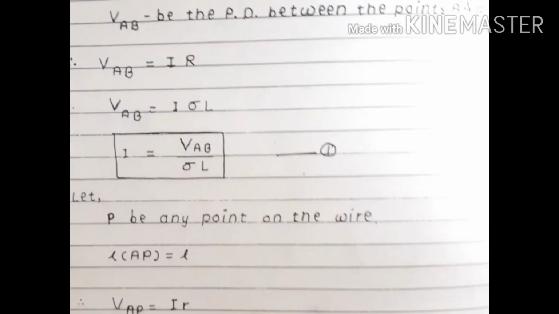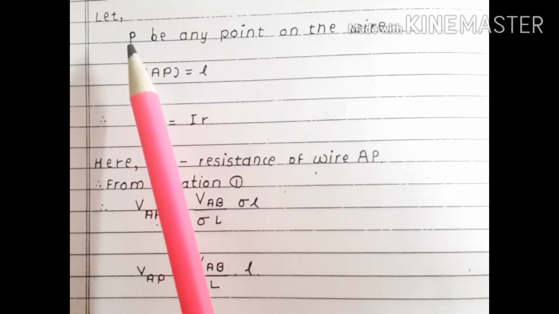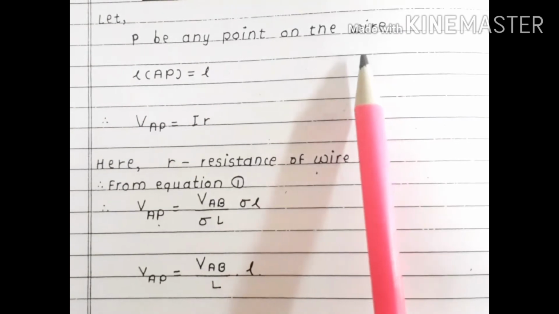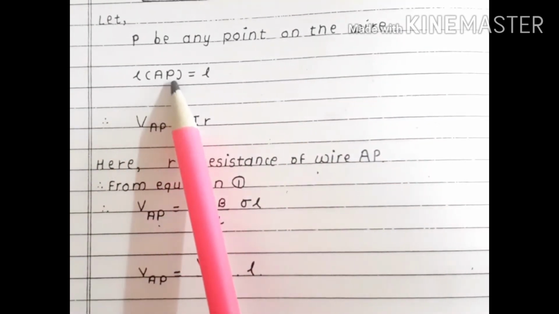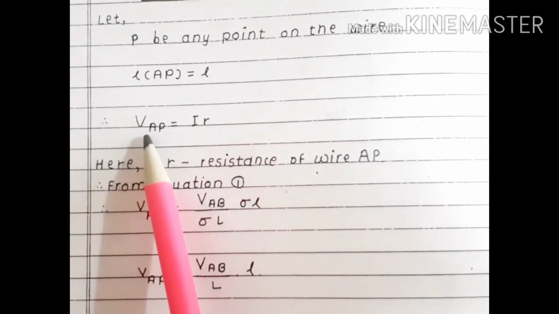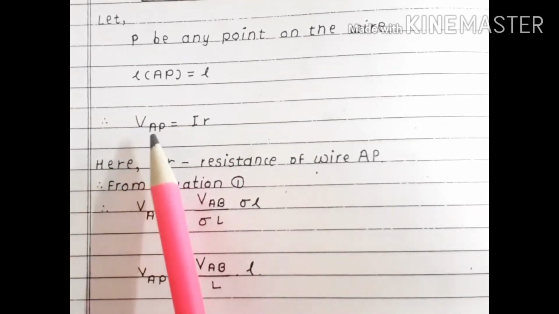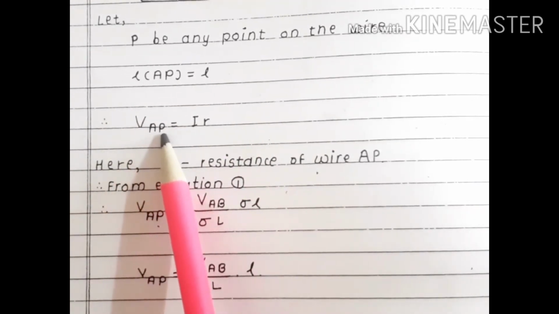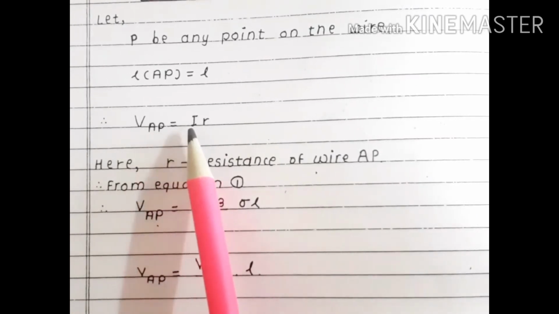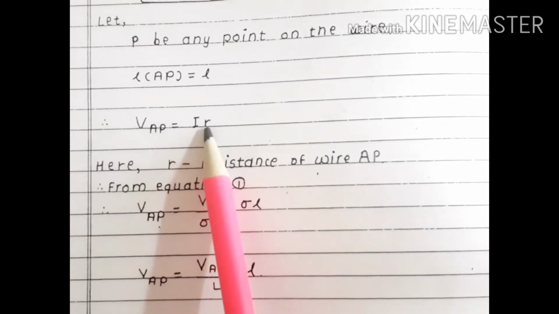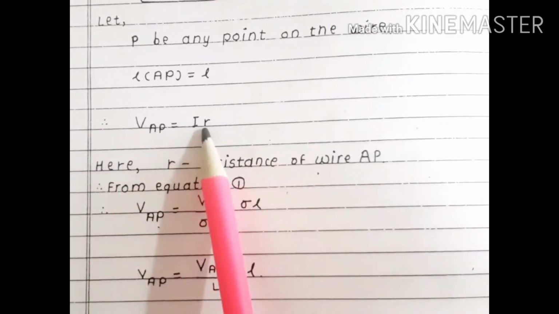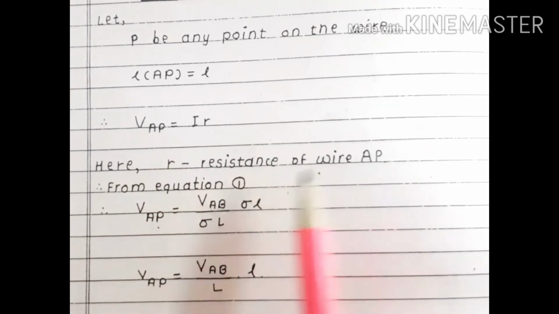Now, let P be any point on that potentiometer wire. The distance between point A and point P is denoted by small l. Therefore, the potential difference across point A and point P on the potentiometer wire is equal to current into the resistance small r of wire AP. Here small r is the resistance of wire AP.